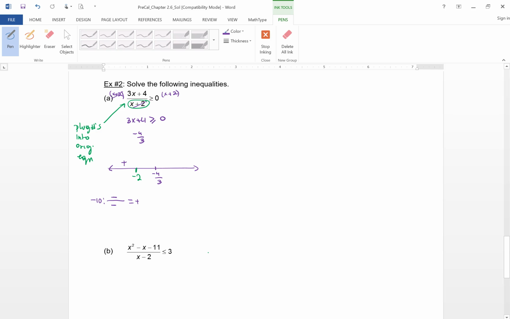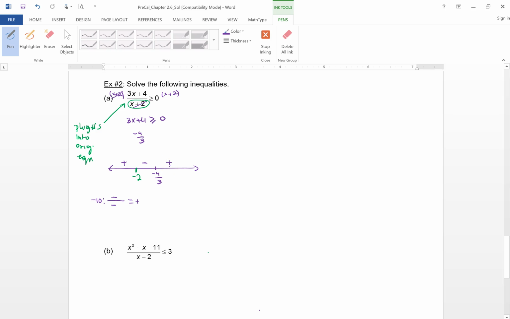Now, at the -2, is the multiplicity odd or even? Odd, so it's going to be negative here, between -2 and -4/3. At -4/3, odd or even multiplicity? Odd, so it's going to switch from negative to positive.